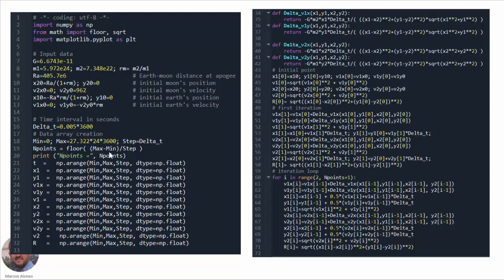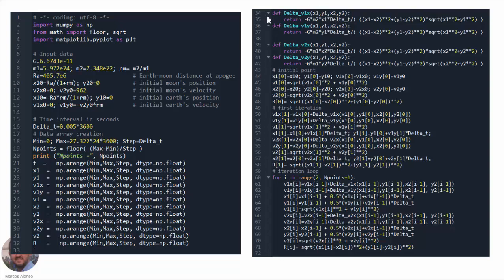With this we determine the number of points that we are going to calculate, and we define the different arrays that we need to evaluate the different variables. All of them are well known from the slides before. R here is the distance between the Earth and the Moon.